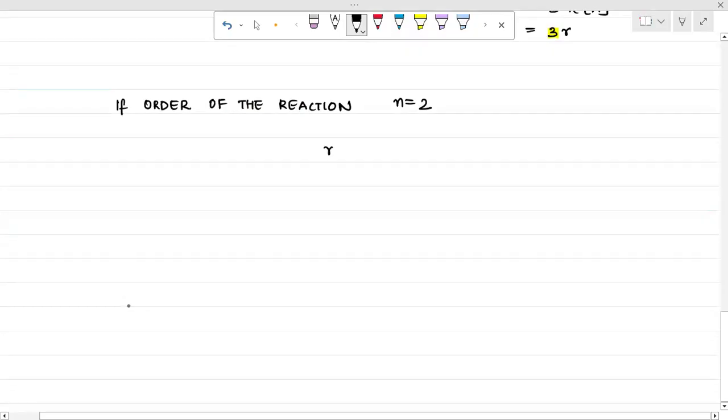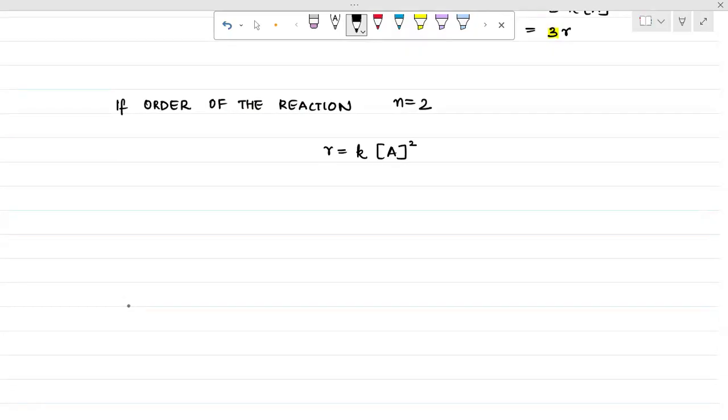Let's say my expression is R is equal to K times concentration of A to the power 2, right? Because now the order of the reaction is 2. Let's take two cases. One case is where my concentration of A is doubled, and the other case is where my concentration is tripled 3 times. So what would be the new expressions?